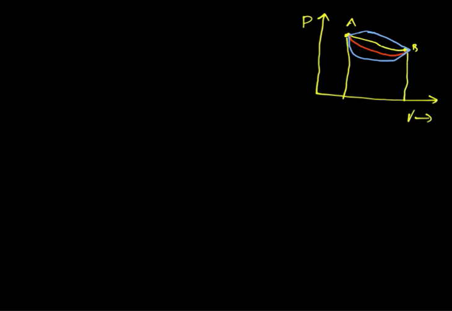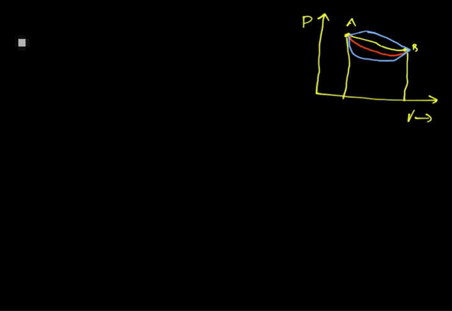Hence the work done in each process, or each area under the curve, will be different. That means the work done by a system depends not only on its initial and final states, but also on the intermediate states it passes through.